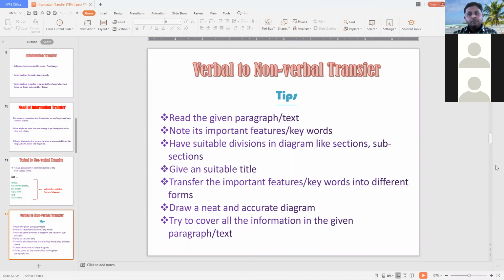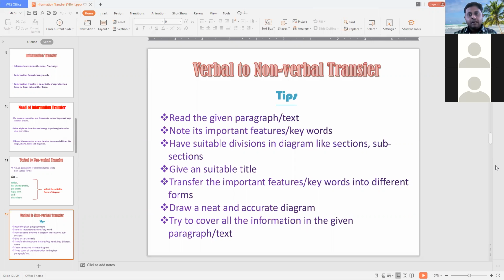Then note its important features or important words. We have to understand the topic first, and locate the important lines, sentences, and words in the given paragraph.